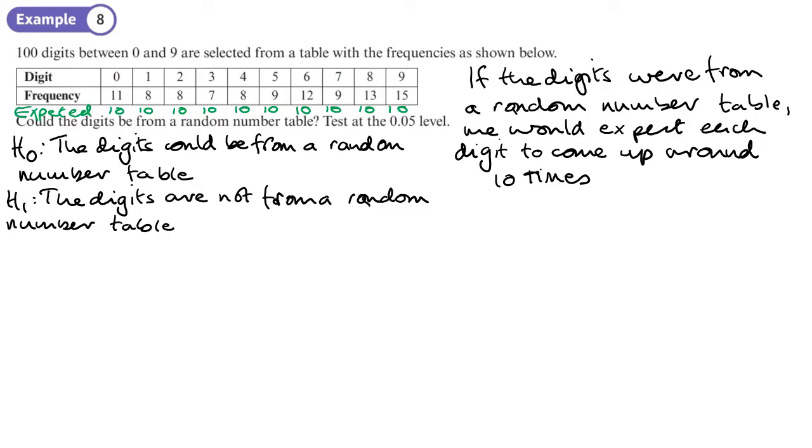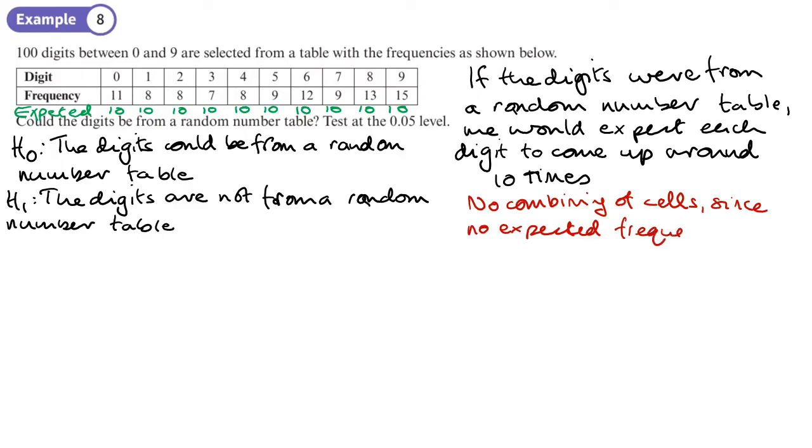Now, since none of the expected frequencies are less than 5, I don't need to combine any cells, so I'll put that over here as a note: no combining of cells since no expected frequency is less than 5. We do need to say what the degrees of freedom are, so that's just going to be the number of cells minus 1. Okay, so 9 degrees of freedom.